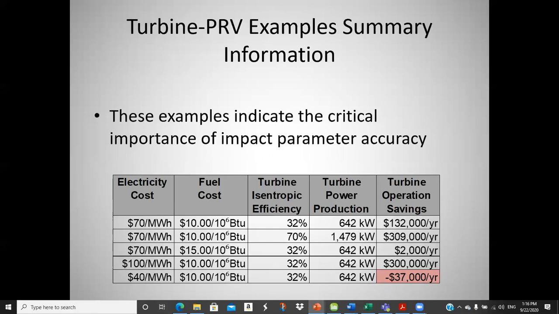So if I take 1,500 times, on this first one, I've got 642, I'll say 650 to round it up. That's 975,000 divided by 132. That's a 7.4 year payback. That's not very good.